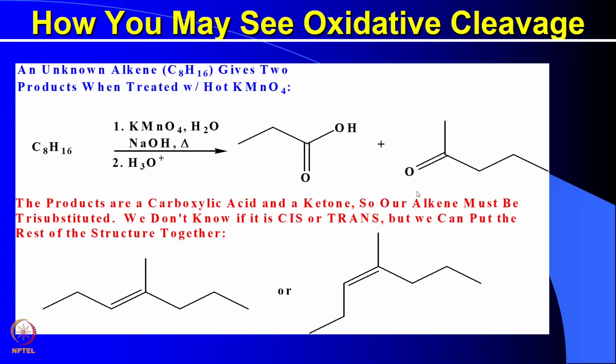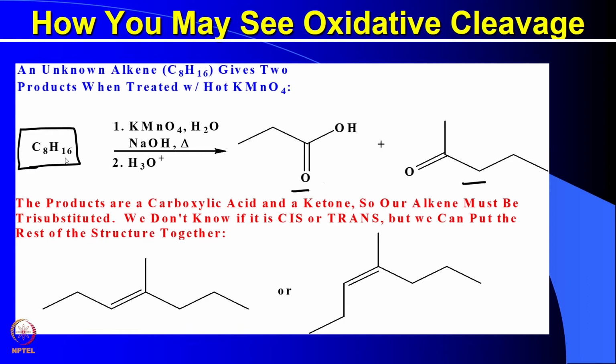An unknown alkene gives two different compounds upon cleavage by potassium permanganate, sodium hydroxide and heat. So when you get these two compounds, one is a carboxylic acid and the other one is a ketone, what could be the molecule that was this C8H16?